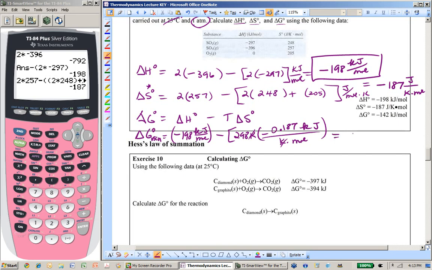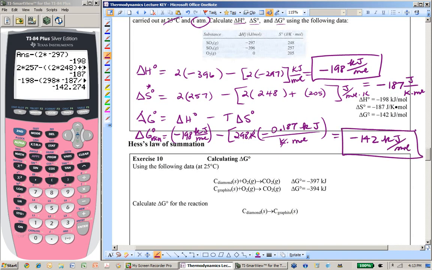And that mess cleans up to be the negative 198 minus 298, because it was 25 degrees Celsius, that's 298 Kelvin, times a negative 187 divided by 1,000, or you could have just typed it in probably just as quickly. Oop, look, missed a 0. Should come out with negative 142 kilojoules per mole.